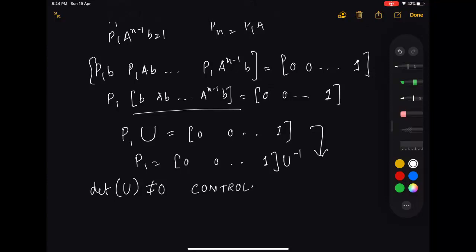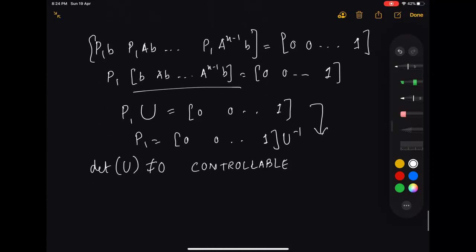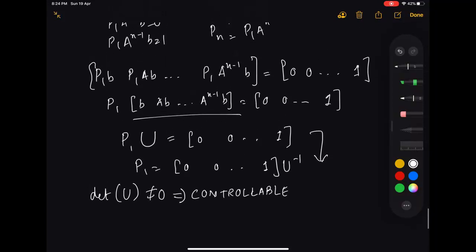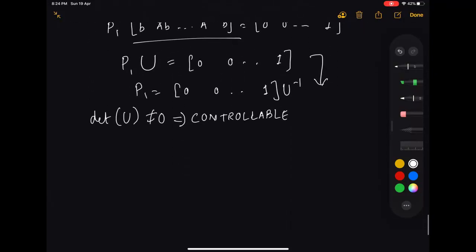Please remember that a system is controllable when the controllability matrix is full rank, or it has rank n if it is not a square matrix. But since it is a square matrix here, this implies that the system is controllable. And this will also tell you, if you get P1, you can also obtain the complete P matrix, because the complete P matrix is P1, P2 goes up to Pn.